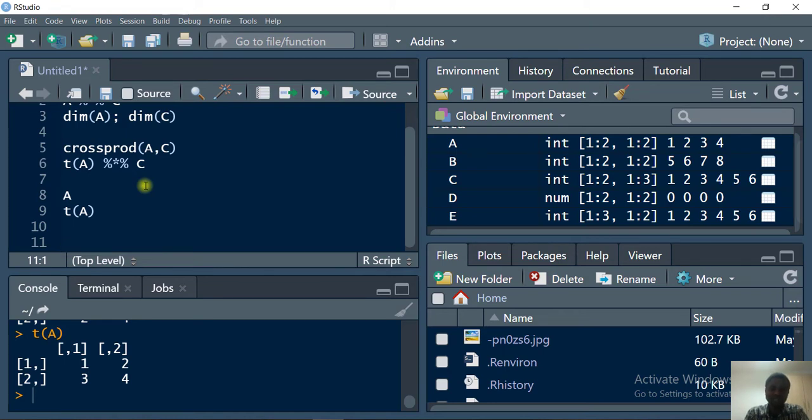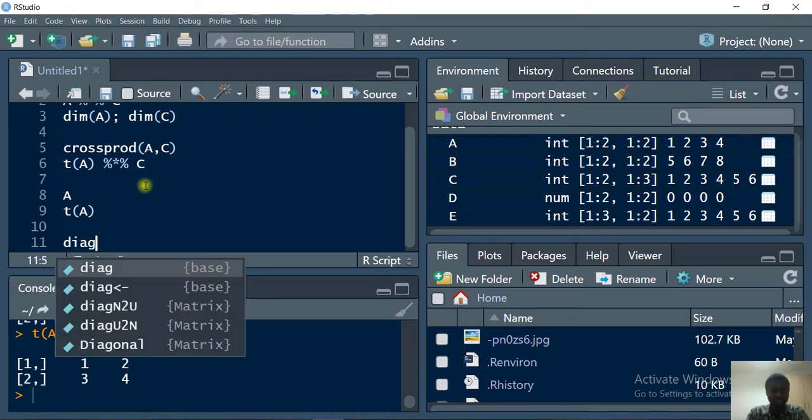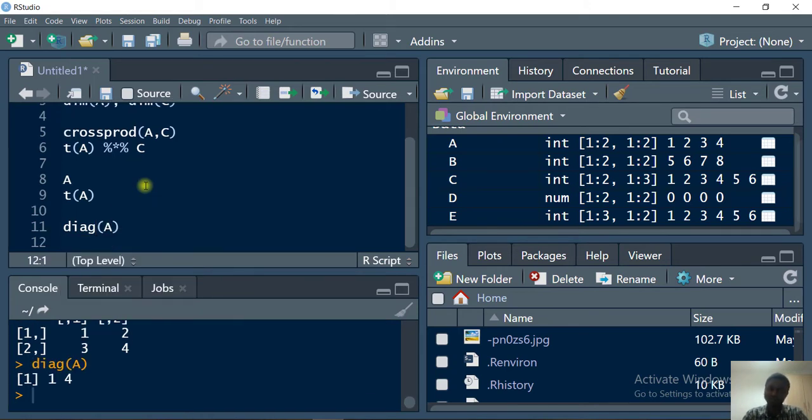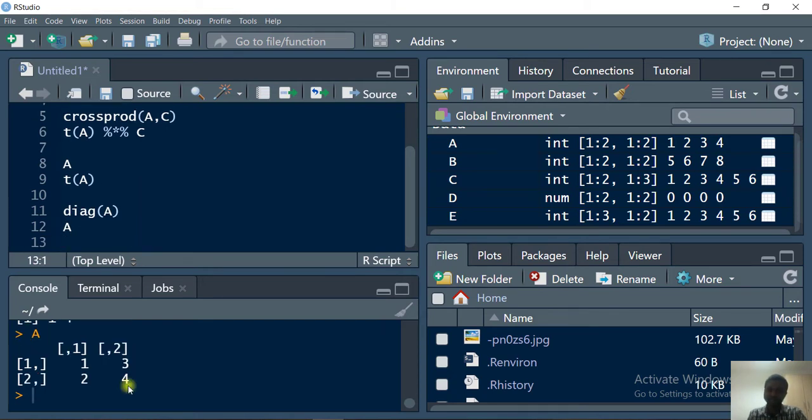So if I say diag of A, I can extract the diagonal, and then I have it as 1 and 4. If you check matrix A, I have explained the concept of diagonal in the previous video. This is it, 1 and 4. This slant line cuts between the matrix 1 and 4.